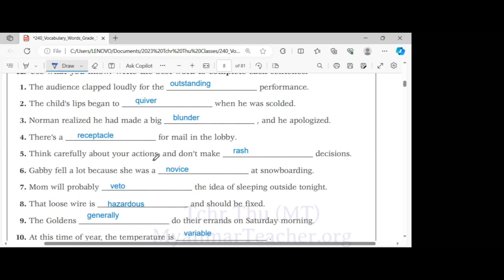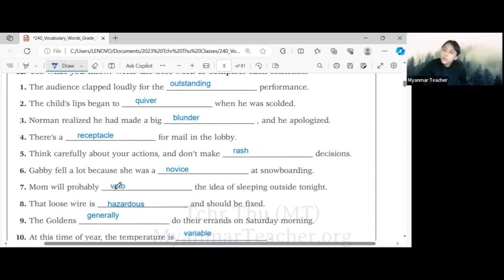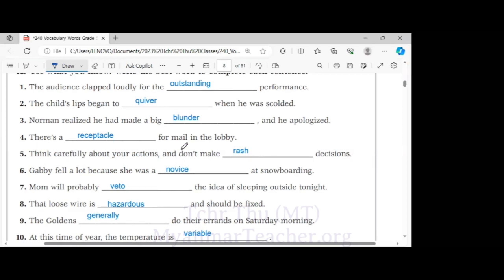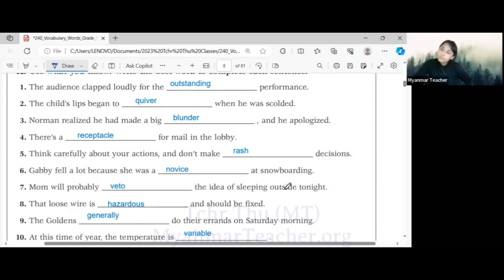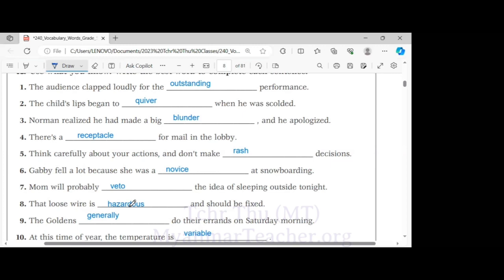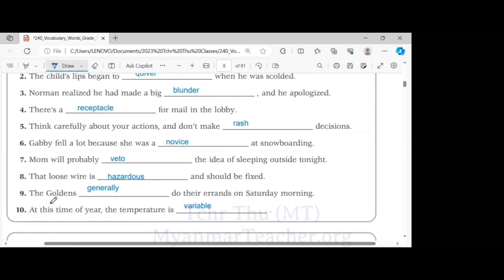Think carefully about your actions and don't make rash decisions. Gabby fell a lot because she was a novice at snowboarding. Mom will probably veto the idea of sleeping outside tonight. The loose wire is hazardous and should be fixed. The Gordons generally do their errands on a Saturday morning. At this time of the year, the temperature is variable.